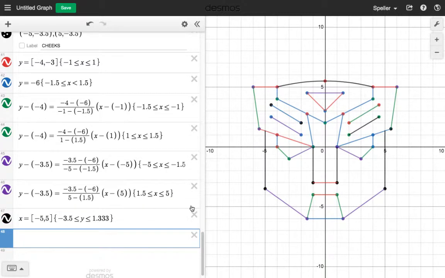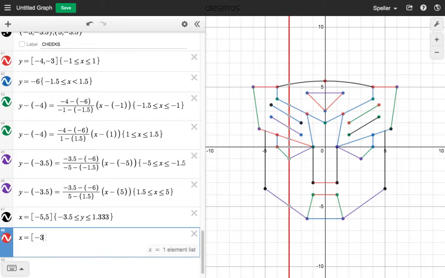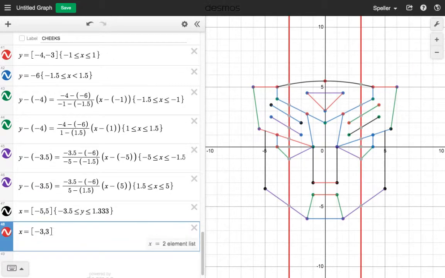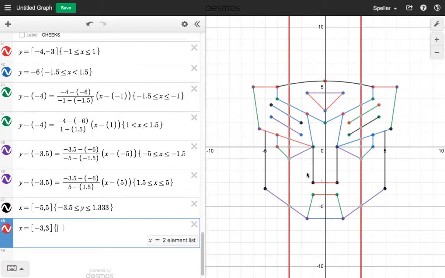All right, that's the left and right side, and now let's do what I'm going to call the teardrops from the eyes. I need two more vertical lines, and we see the x value for both of these is -3 and +3. So let's do that. X equals, again, I want to list -3 and +3. And again, they're going to be the same length.